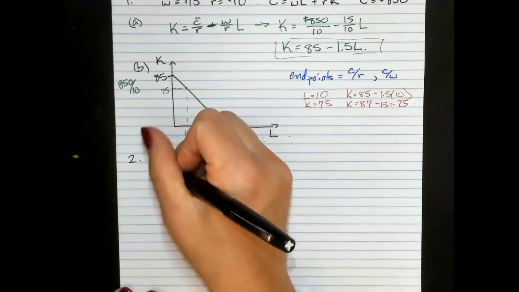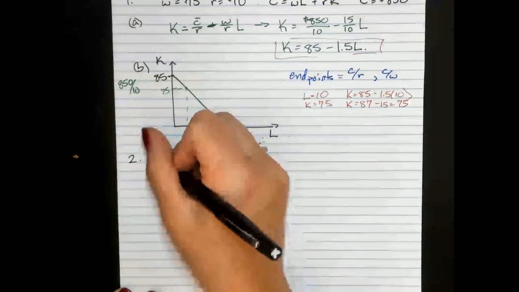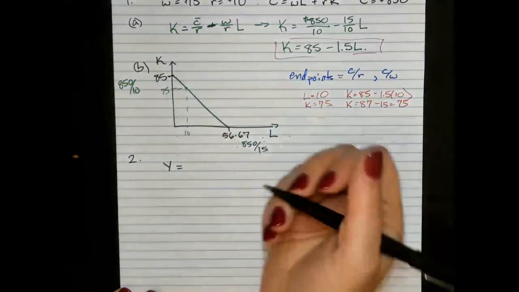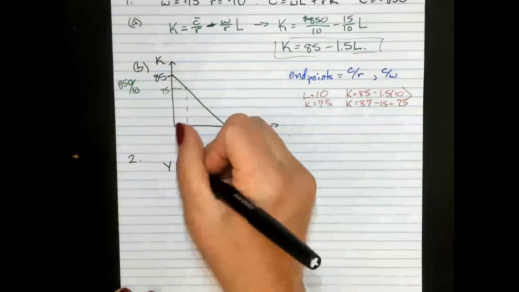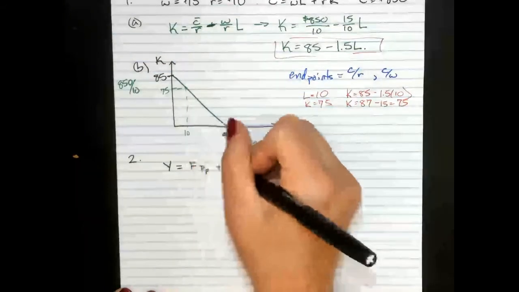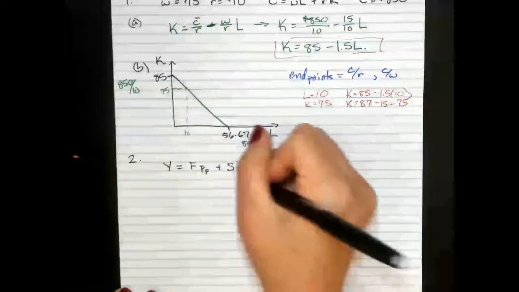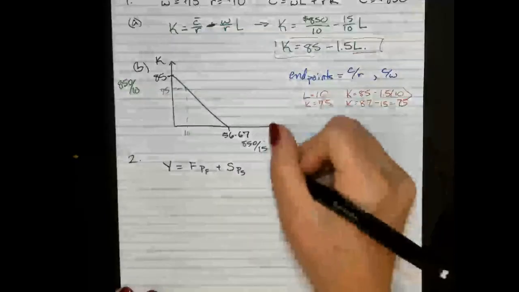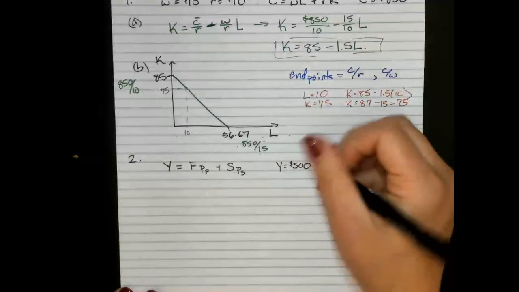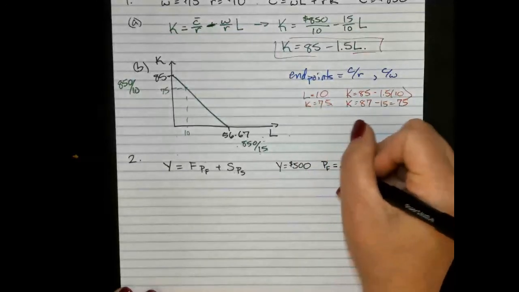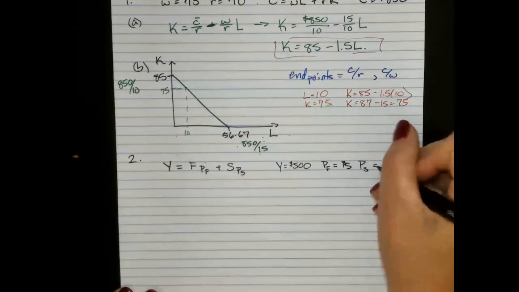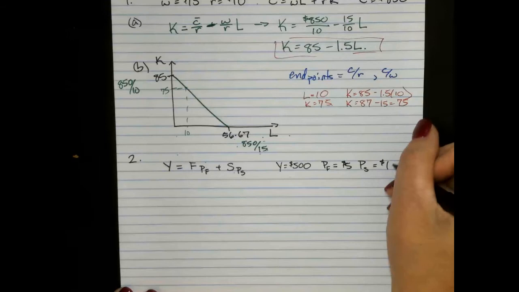So we already know that her income or budget constraint is going to be her income, and that's going to be spent on either food at price F or stuff at price S. And she has a weekly budget of $500. The price of food is $5 and the price of stuff is $10.